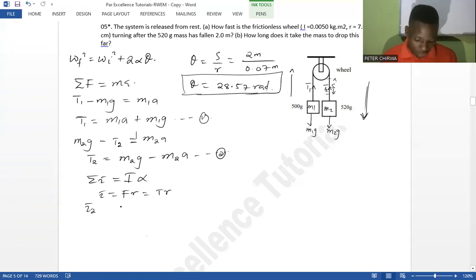So torque 2 minus torque 1 gives us that. I made mention that torque is basically tension times the radius. So torque 2 is tension 2 times radius minus tension 1 times radius, and let that be our equation 3.